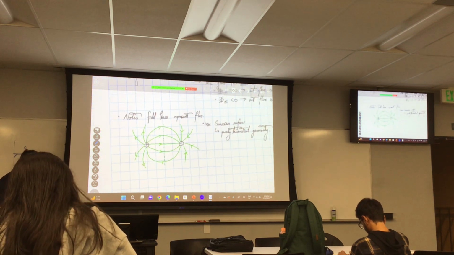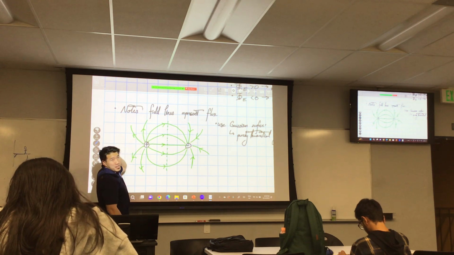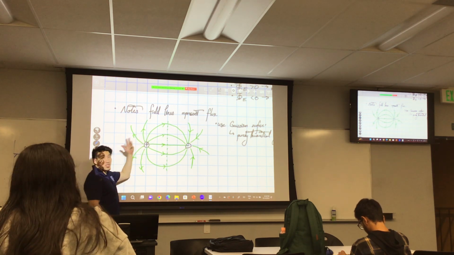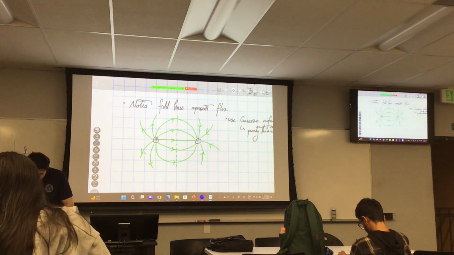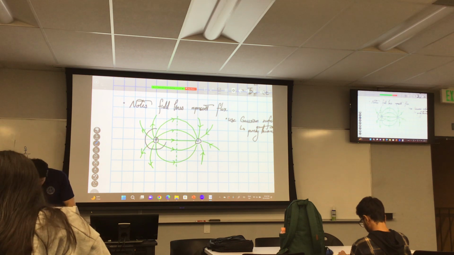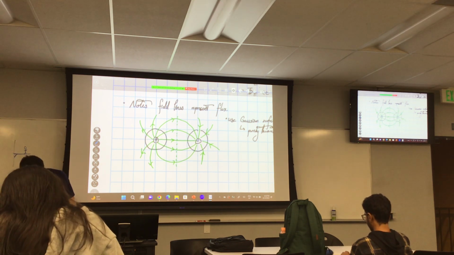By that, what I mean is, for simplicity, we're going to be using a sphere. This is not a circle, a sphere. It's a three-dimensional shape. And we're going to enclose the charges inside of a Gaussian sphere like this.